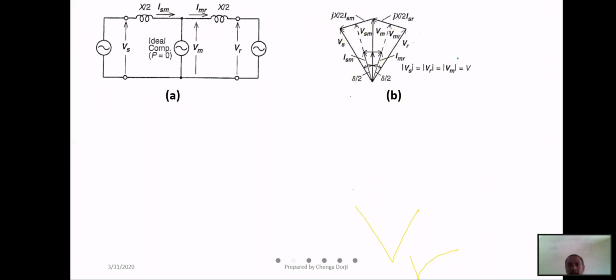See, the phasor diagram you have seen is this: your VM, VR, VS. So VM is equal to VS plus I_SM jX by 2. Then VS is equal to VM plus this. Then VR is equal to VM minus this, so VR plus this one will give you VM.